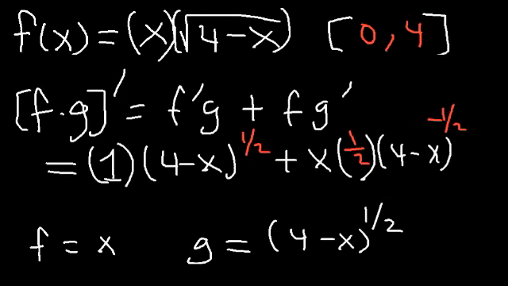After that, you need to take the derivative of the inside function according to the chain rule. The derivative of 4 is 0, but the derivative of negative x is negative 1.